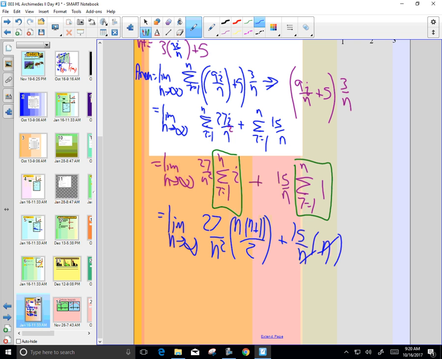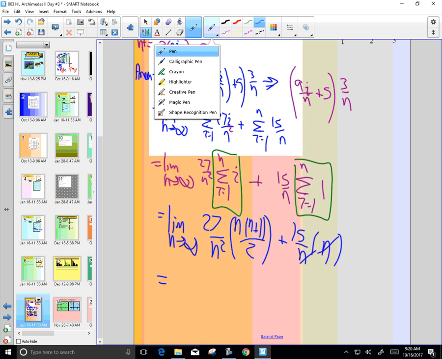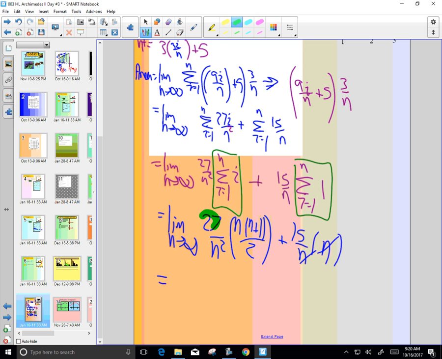And here's where you get, Emma, this is your question, where that 15 comes from. So this is going to be the limit of 27n squared over 2n squared. What's 27n squared over 2n squared? 27 over 2. Plus the n's canceling out will be 15. Where did 27n over 2n squared go? 27n times 1 over 2n squared.